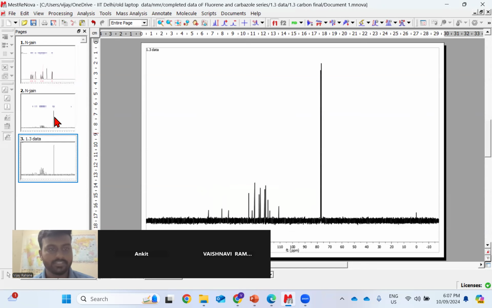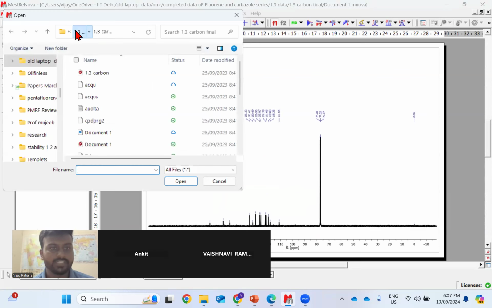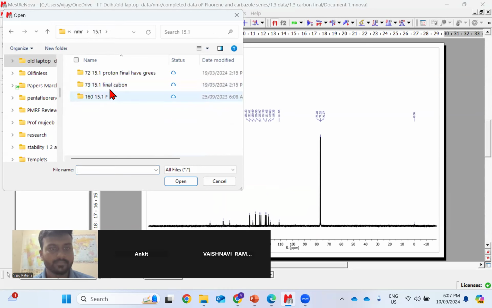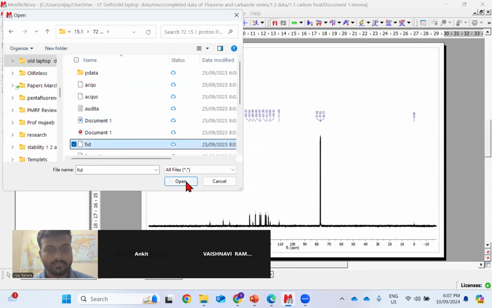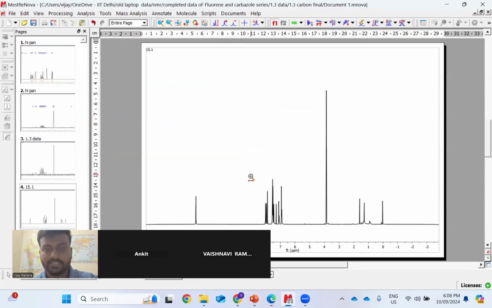yeah, this is the carbon data, right? I will check any 1H NMR file. Yeah, so this is how the 1H NMR spectrum looks.